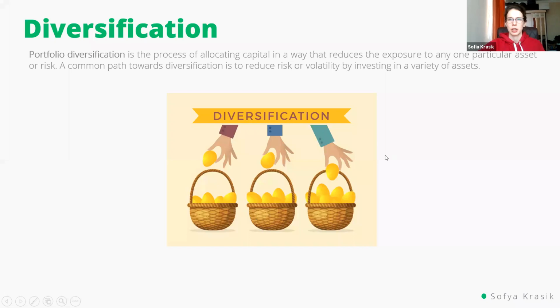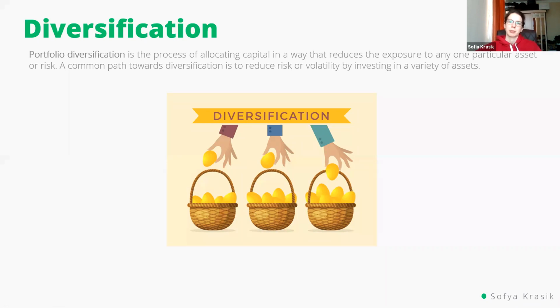So what's diversification? The concept of diversification is quite simple. Do not put all eggs in the same basket. Portfolio diversification is a process where you allocate your assets in such a way that the exposure to any particular asset, any particular market, any particular sector is smoothed among assets.